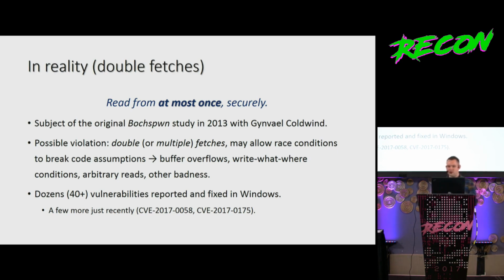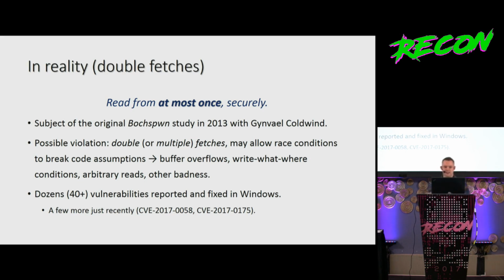First of all, of course, you have double fetches, so you can violate the reading from at most once assumption. That was the subject of our original research with Gynvael Coldwind 4 years ago. The possible violation is that you can read twice or several times, and this allows for various bad things to happen, such as buffer overflows, write-what-where conditions, and stuff like that, depending on how the driver assumes that the data doesn't change in between the reads.